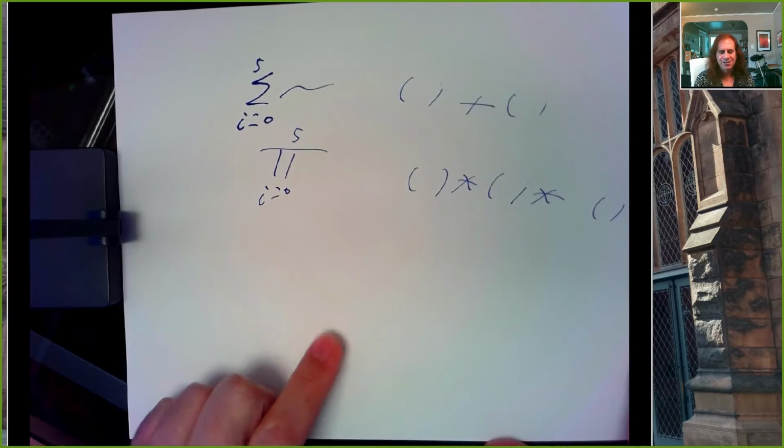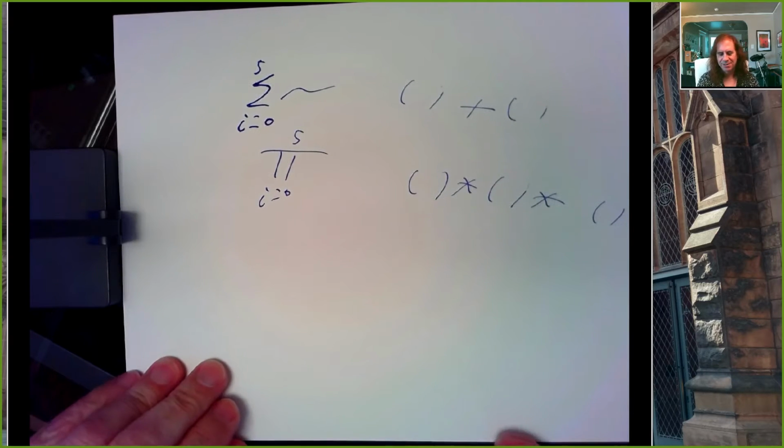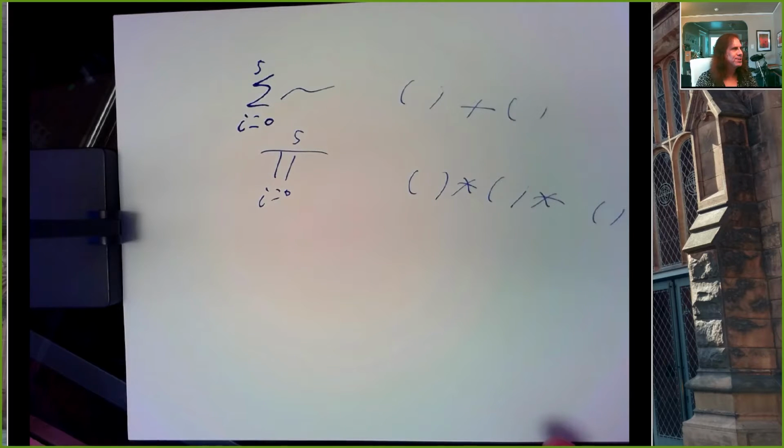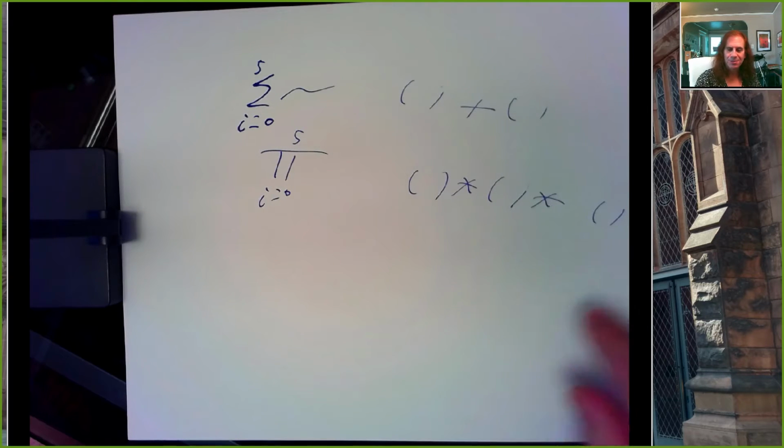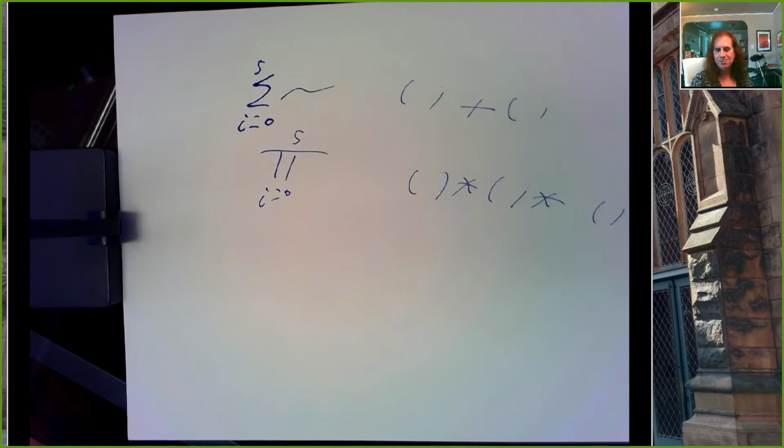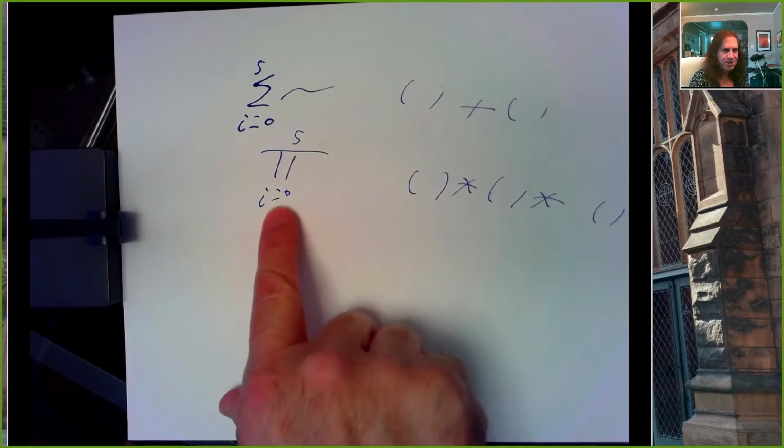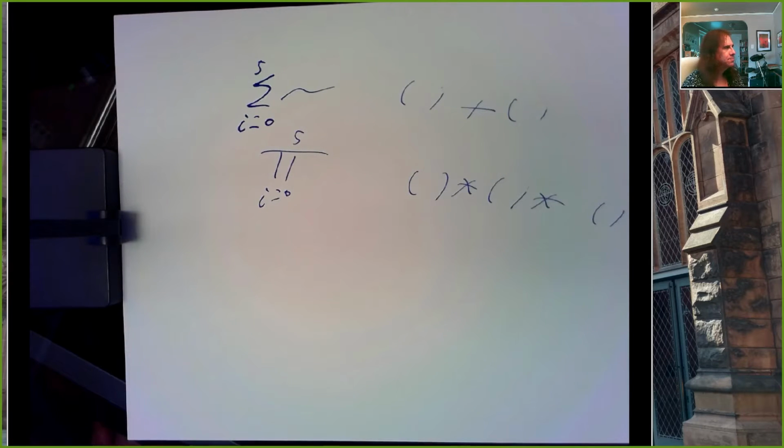I don't know if that's just a common glitch or what, but people wrote down 1 times 2 times 4 times 8, and then they said equals, and they wrote down 15. So that was kind of interesting. But yeah, this pi symbol is a product, and it's a multiplication.